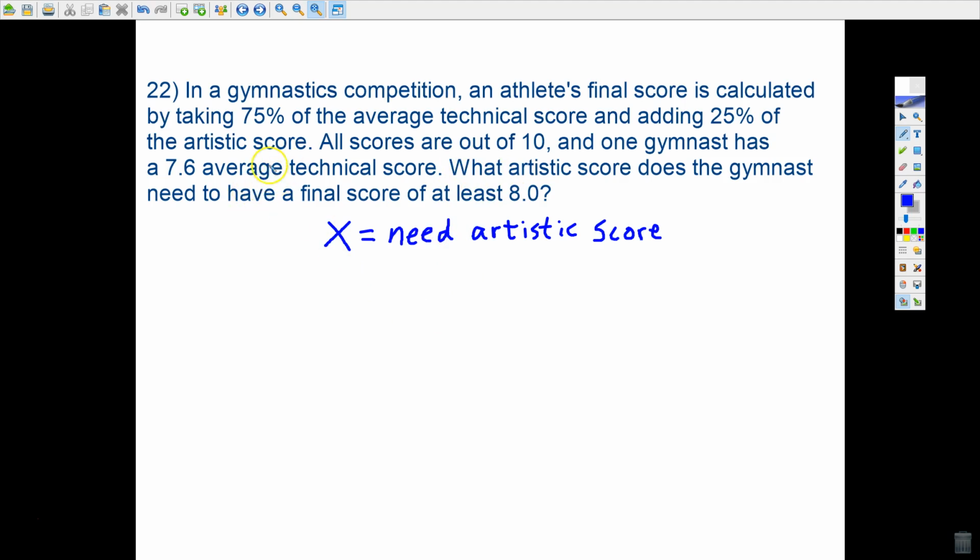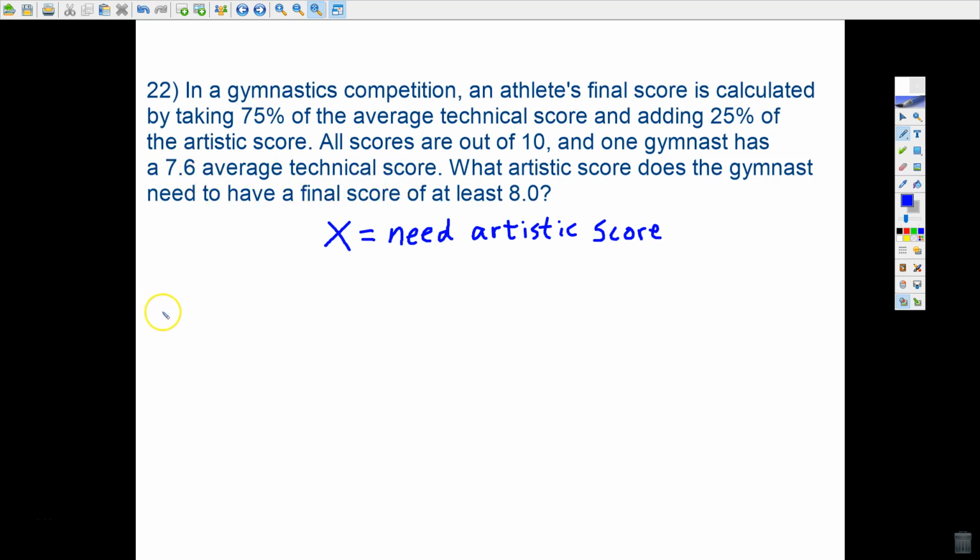Okay, now let's see if we can work through some of this. Let's go back to this technical score, because 75% of the overall score is made up of their technical ability. And they've already achieved a score of 7.6 on the technical ability.